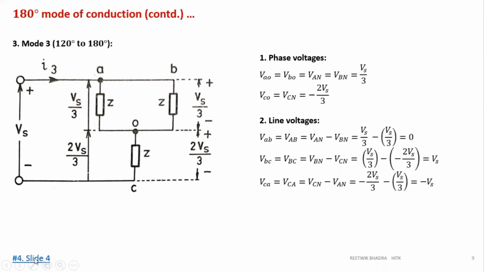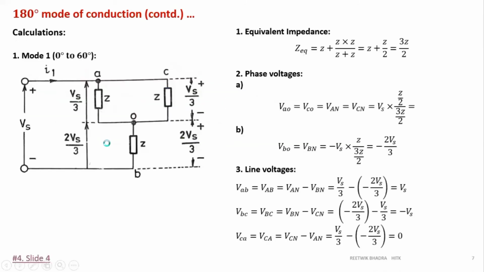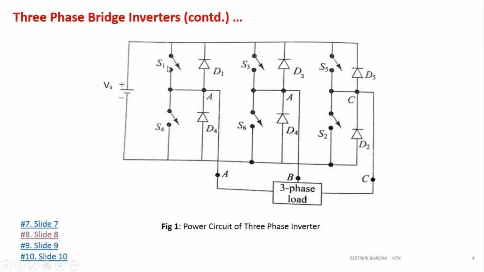Just look into this: 1, 3 and 2 are on, 120 degree to 180 degree. So 1 and 3 mean A and B, and 2 means C. So A and B are positive and C is negative.